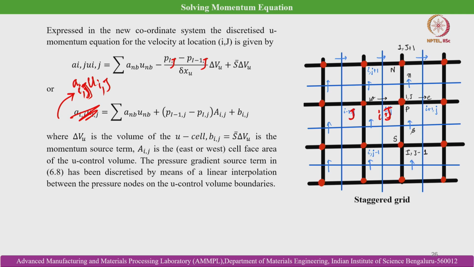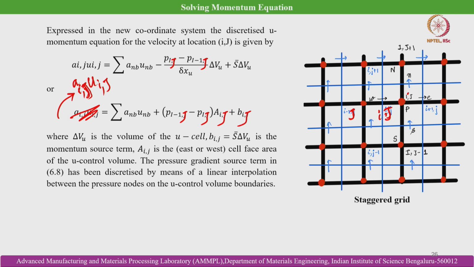And then p_I-1,J minus p_IJ, that is capital I capital J, for this point, into A_iJ, a small i capital J, plus b_iJ. So that is the concept of staggered grid.